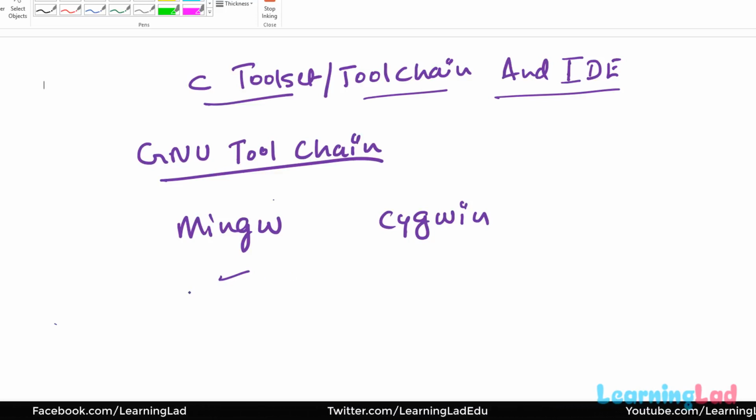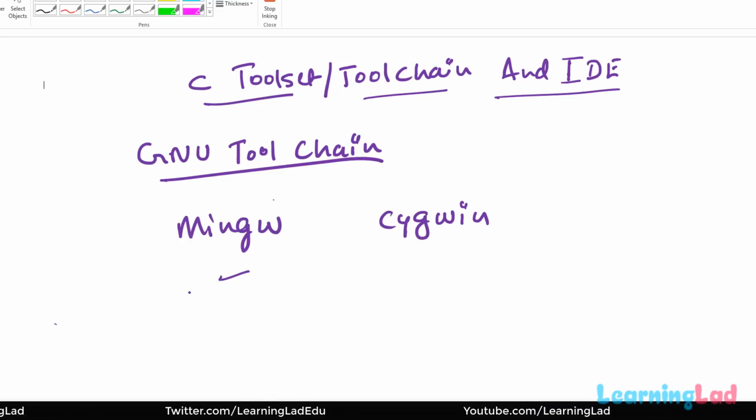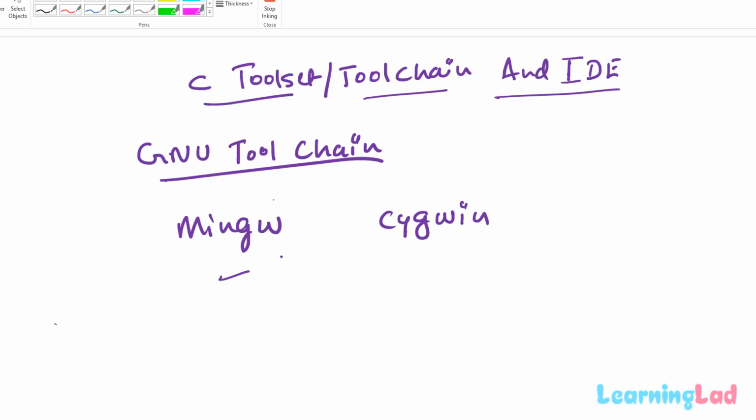But if your project becomes larger and contains a lot of files, it will be difficult to manage all those files, because these tools don't provide a graphical user interface for you to write and execute programs. All these are command line utilities, so you need to write the commands in the command line and execute them. And they also don't come with specific editors.